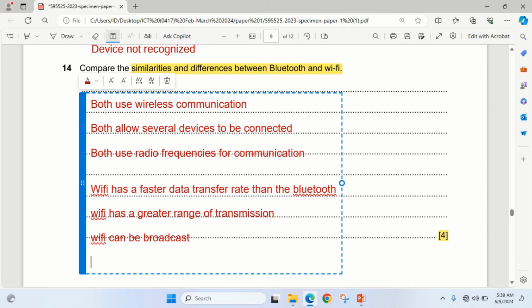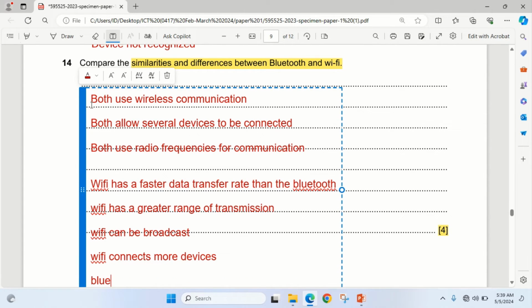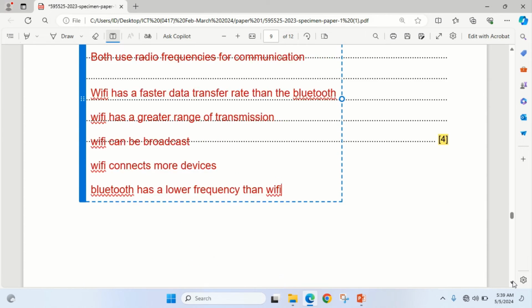You can also say that Wi-Fi connects more devices than Bluetooth. You can also say that Bluetooth has a lower frequency than Wi-Fi. So there are many points you can pick from, to earn the full mark.